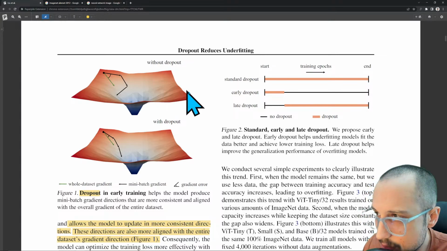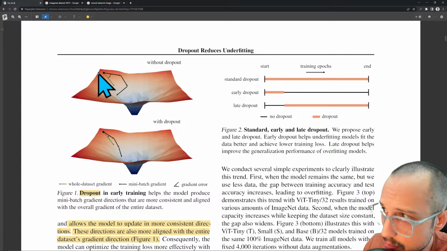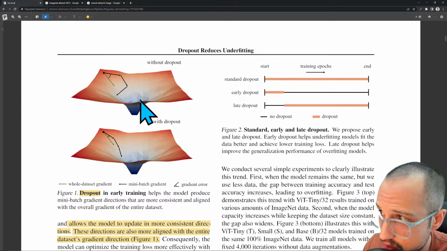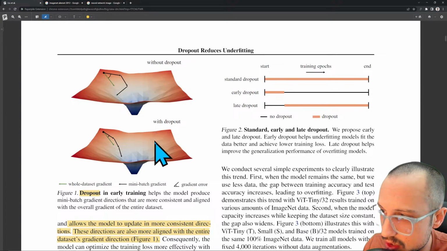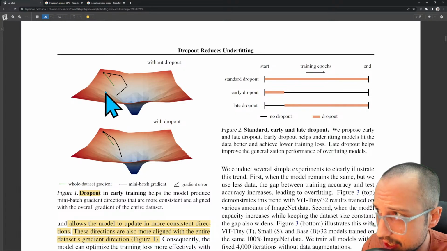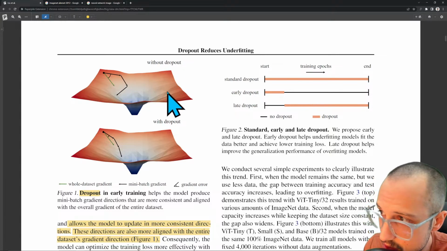So there's a little bit of noise in the fact that you're sampling mini batches at a time. So the path that you take through the model parameter kind of manifold here is not going to be perfectly towards the local minima, right? It's kind of going to be noisy. You're going to kind of move in this direction, and then the mini batch makes you move in this direction, and then it makes you move in this direction.